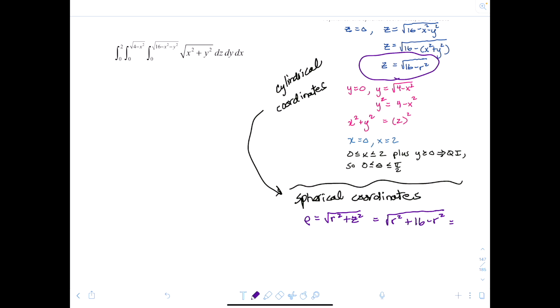Because the r squared will zero out, which is just going to be 4. Cool so far? All right. And then this is nice. Theta is theta, right? Theta is equal to theta. And so the bounds on theta won't change. So that means that 0 is less than or equal to theta is less than or equal to pi over 2.